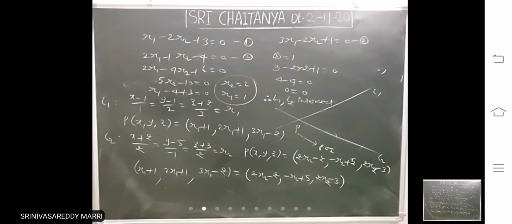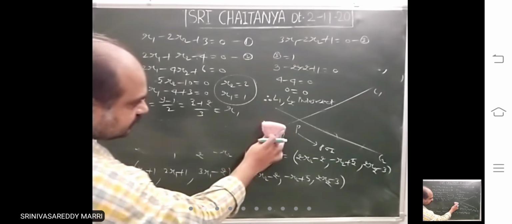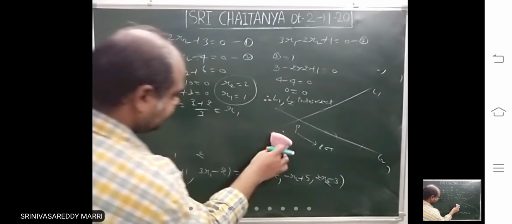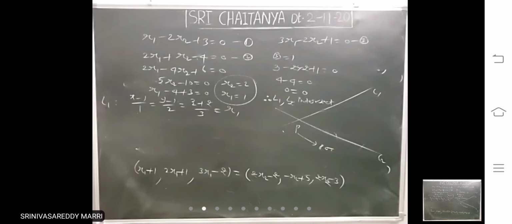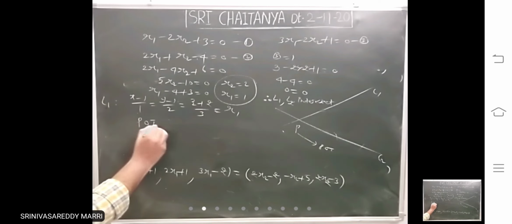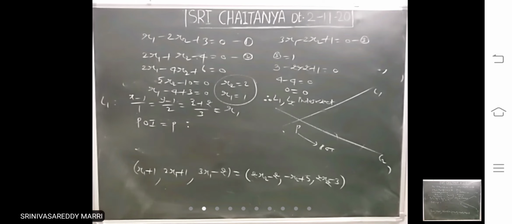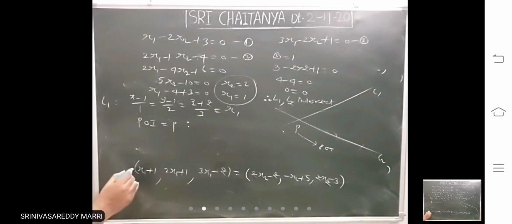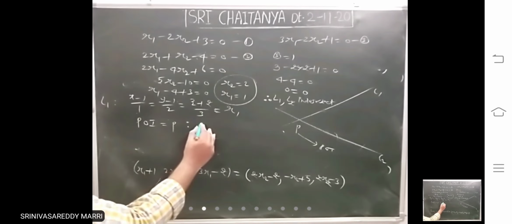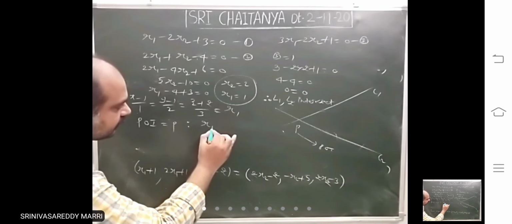Now, what is the point of intersection? Now, lines are intersecting. Point of intersection is nothing but P, right? So, in the first line, R1 equal to 1.